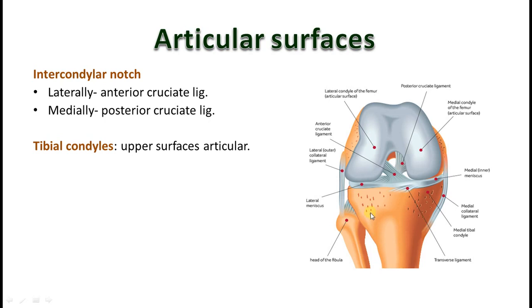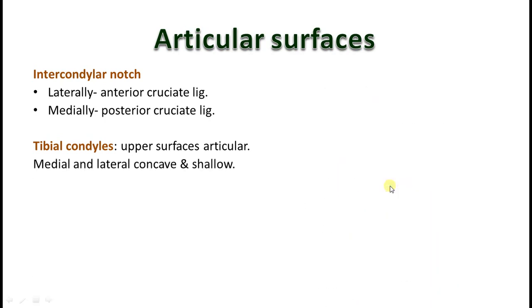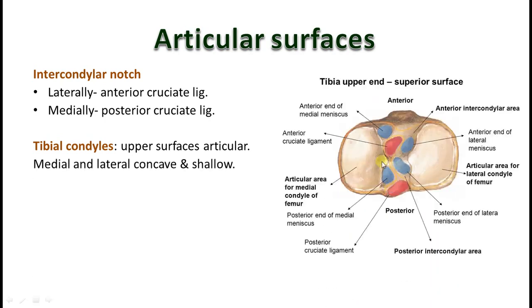Then you look at the tibial condyles. The upper surface is the articular surface, and here you are able to see the medial and lateral condyles' superior surface. They are very shallow, not very deep.